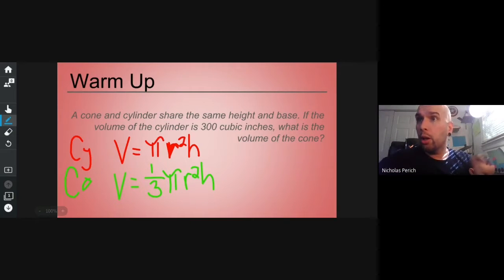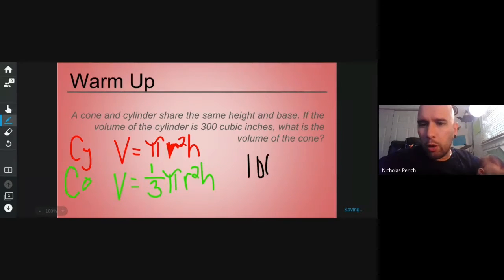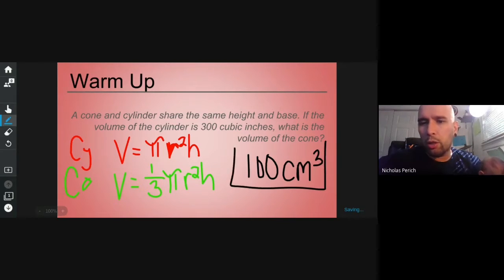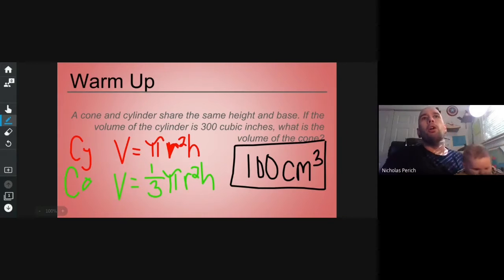If the volume of a cone is 1/3 that of the cylinder, then the cone is going to be how many cubic inches if the cylinder is 300? That's right, 100, said nobody. So I'll just do it. 100 cubic centimeters.